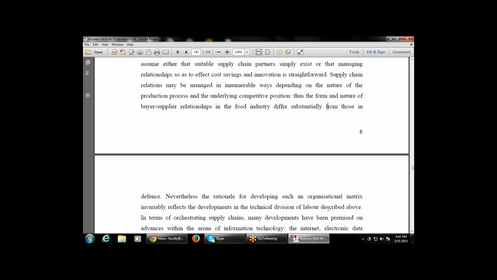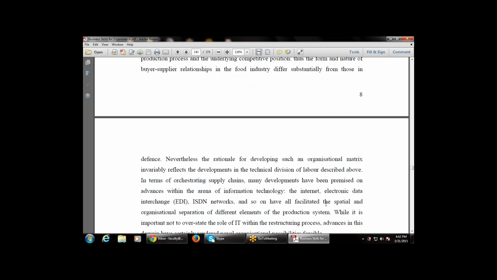So it depends on the nature of the production process and the nature of the industry, that is, what type of supply chain management or supply chain relation is used. It depends on the relationship from industry to industry.